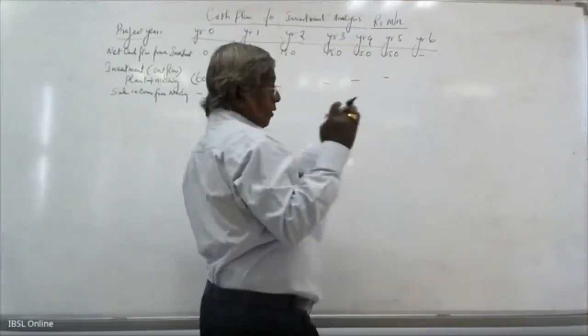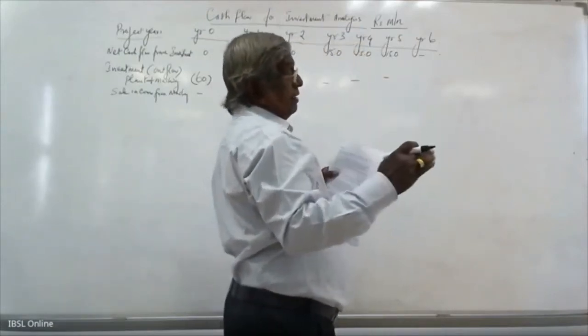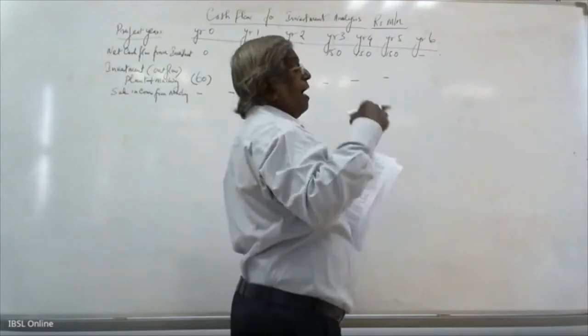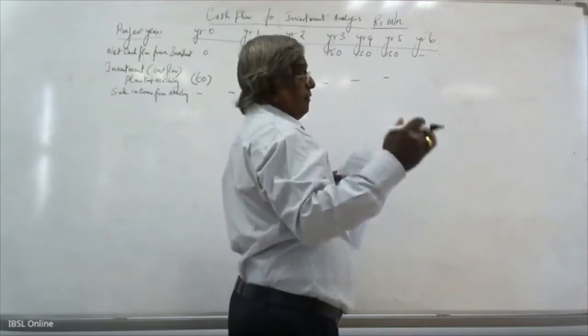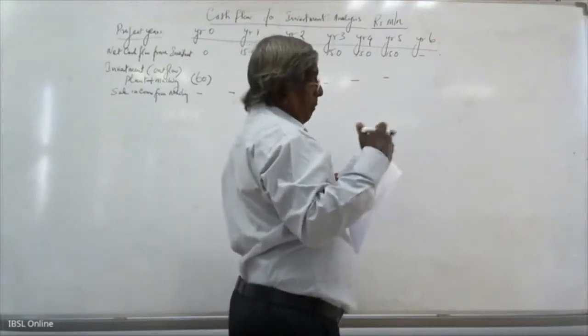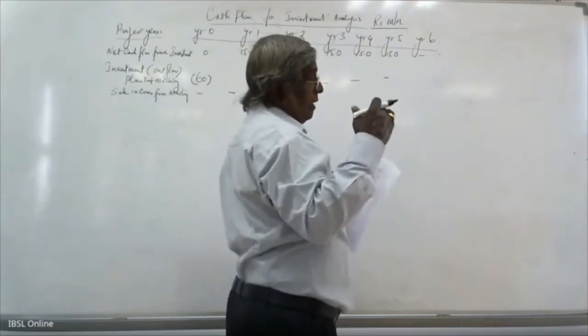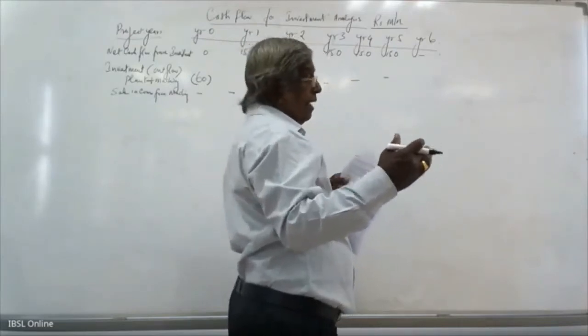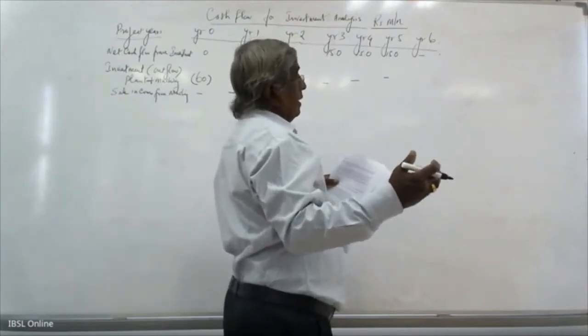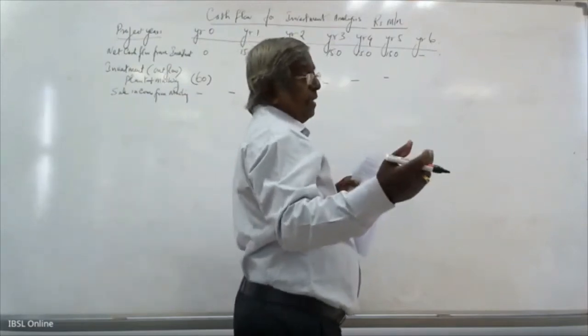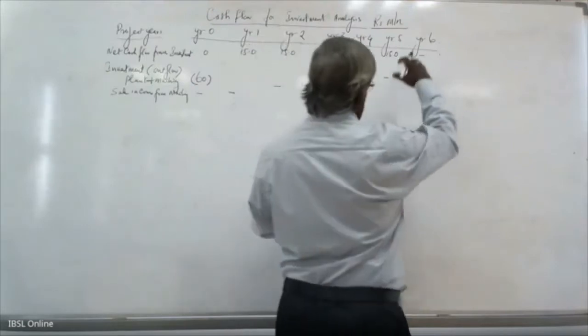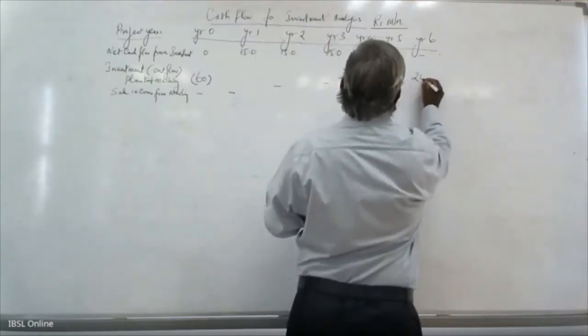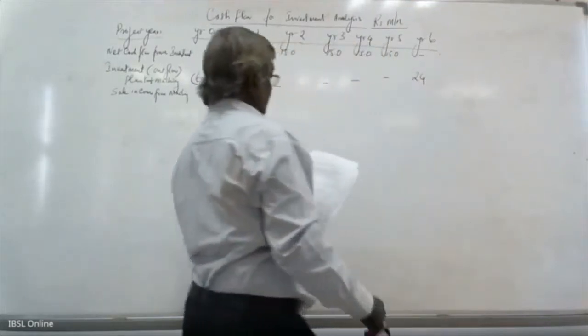But they are operating up to the 5th year, so they can sell after the 5th year. They are operating this project till December of the 5th year, so they can sell after. So I generally consider, even in World Bank analysis, they consider it in the following year. So 24 million, this is additional income.